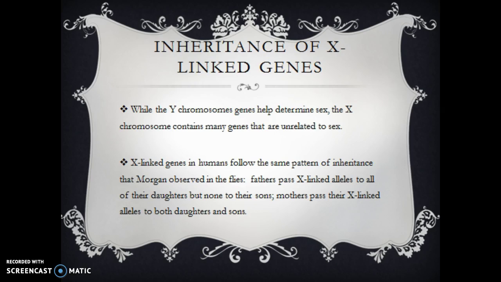So we're going to be reflecting on Morgan's experiment here and thinking about that. What was the soonest that he could see a female with the recessive phenotype? I want you to maybe go back and take a look at the picture tied to his experiment.